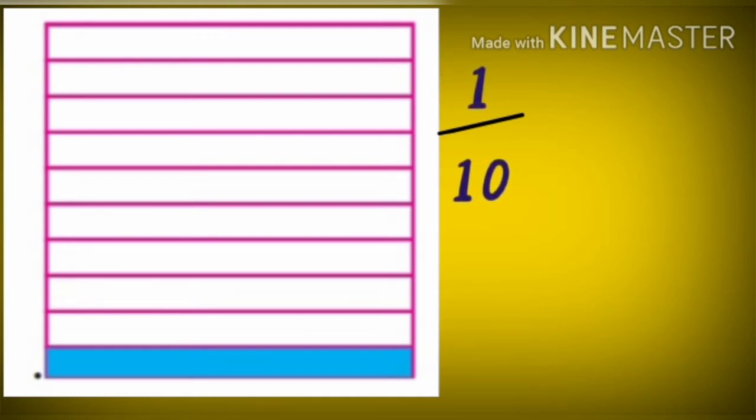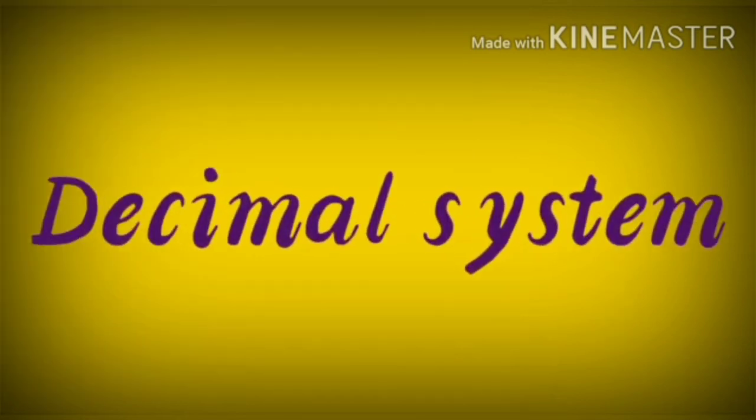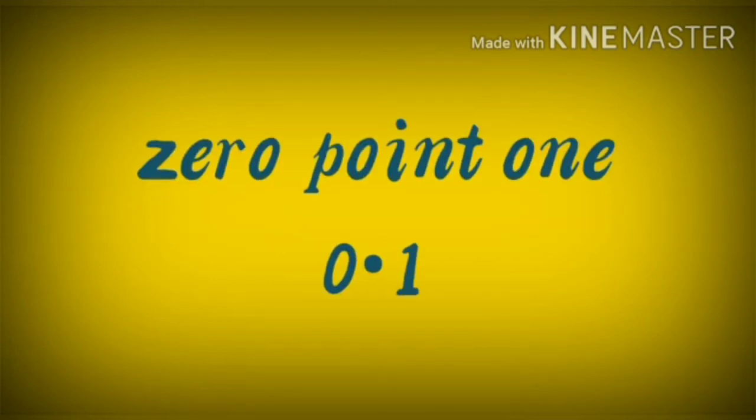This denotes 1 out of 10. This is written in another form as 0.1. This method of writing is called the decimal system. We read it as 0.1.